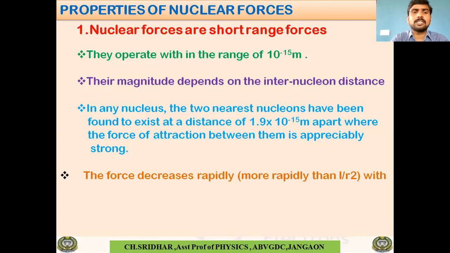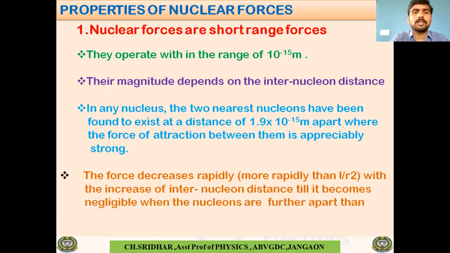And the force decreases rapidly, more rapidly than 1 by r square, that is the inverse square law, with the increase in internucleon distance. It becomes negligible when the nucleons are further apart than 10 to the power of minus 14 meters.